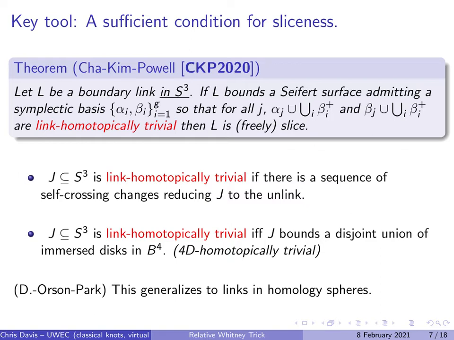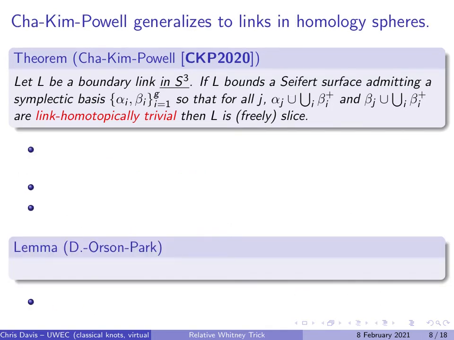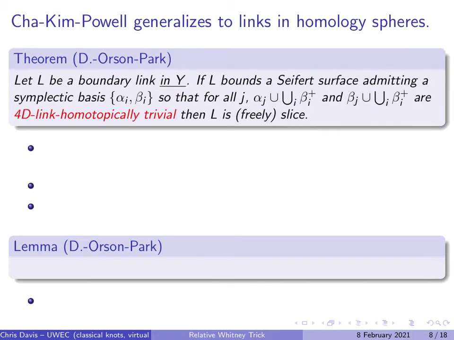So here's the game. If you replace this word link homotopically trivial with this notion of 4D homotopically trivial, then you'll get a theorem which you can ask if it's true for a link in a homology sphere. And it turns out it is. So here's the Cha-Kim-Powell theorem stated again. And here's the theorem that we've proven, that I won't prove in this talk.